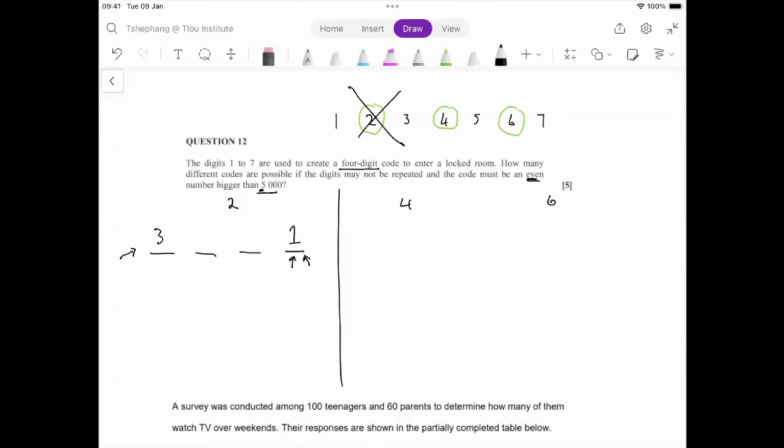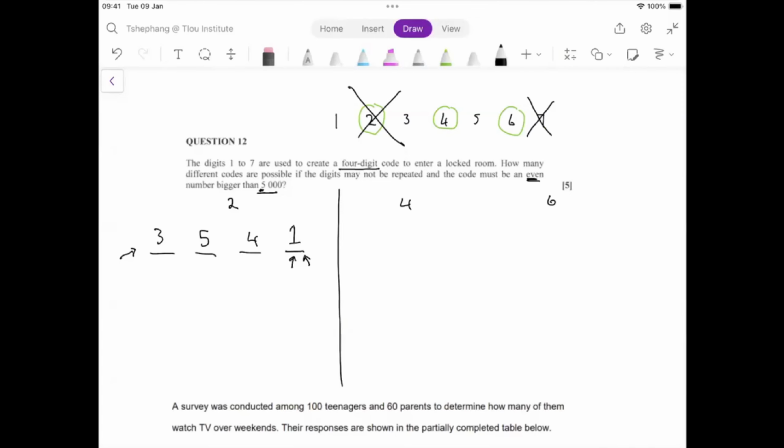Now, one number is out because I took out a 5, a 6, or a 7. If one number is out, how many numbers am I left with? I'm left with 5. And then after this, how many numbers am I left with? A 4.